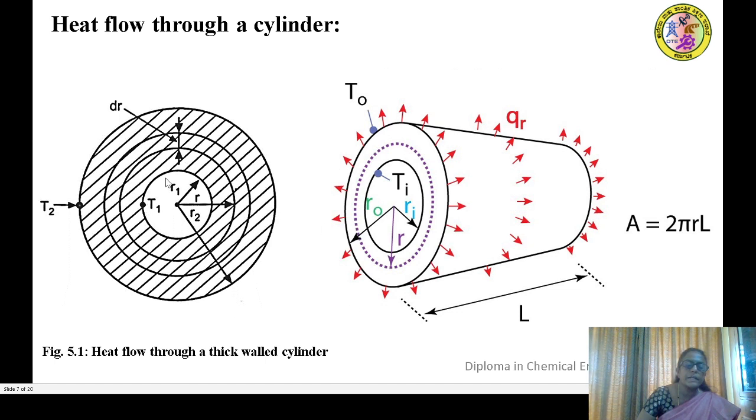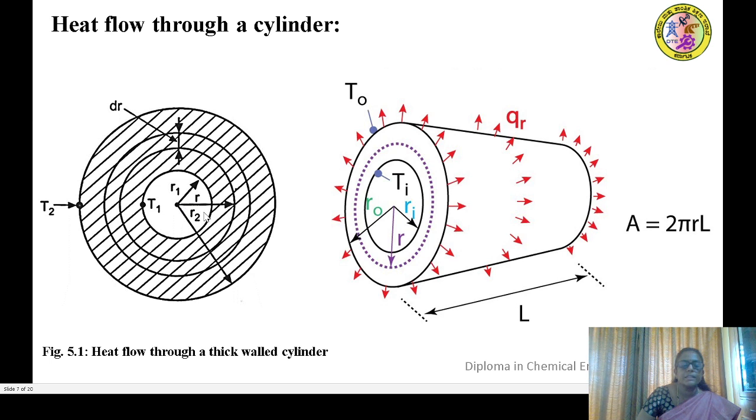Assume that the inside wall temperature be T1 and the outside wall temperature of the pipe be T2. Assume that T1 is greater than T2. That means the fluid inside is at a higher temperature. As a result of that, the inside surface becomes hot. Since T1 is greater than T2, we can expect the heat to flow from inside of the cylinder to the outside, passing through the metal wall.